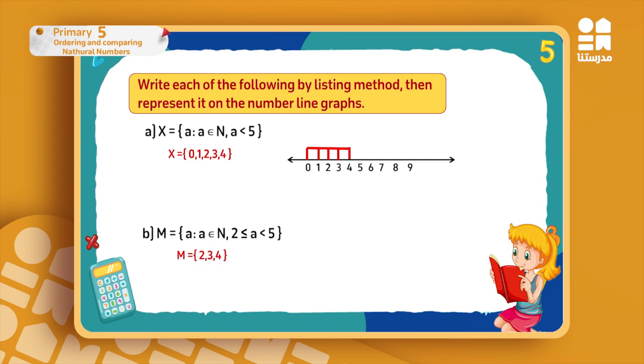I wrote down 2 because they said smaller than or equal, and I didn't write the 5 because a is smaller than 5. Now I will represent this set on the number line. I'll draw my number line, and then what are my elements? They are 2, 3, and 4.